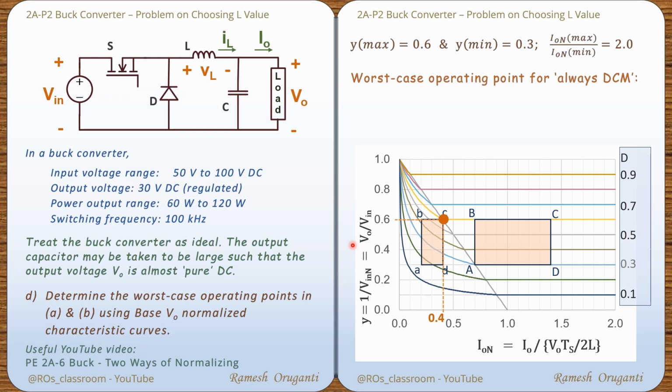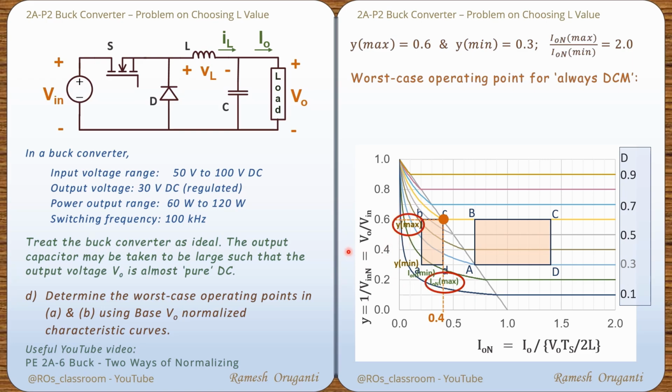Notice again, Y minimum is 0.3, Y maximum is 0.6, and ION maximum to ION minimum ratio is again maintained at 2 because that's what we want in our design. So the worst case operating point occurs at ION maximum and Y maximum.